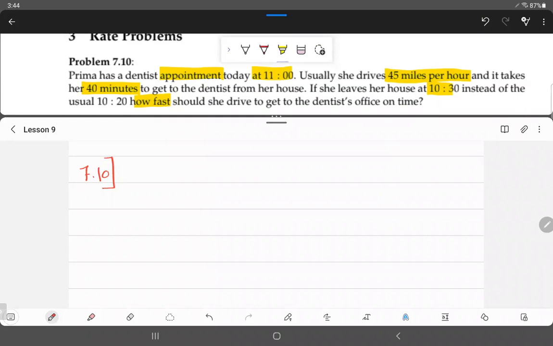No? Okay. Let's try to do it together, okay? So the rate is 45 miles per hour, okay? The time is 40 minutes, right? So first of all, let's find the distance.